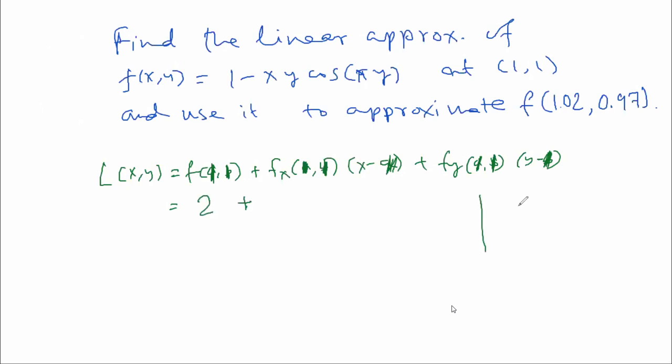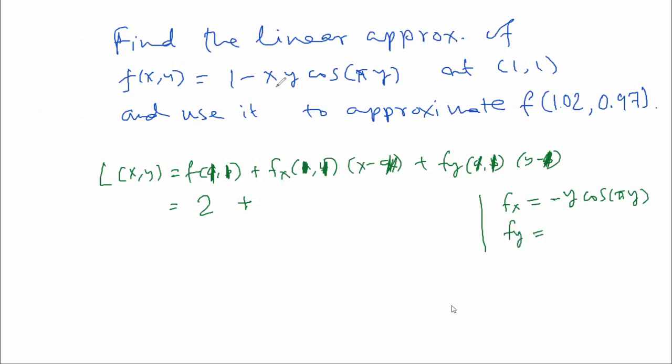So what would be fx? Taking the derivative with respect to x, treating y as a constant, it's y cosine pi y. What would be fy? We're treating x as a constant.